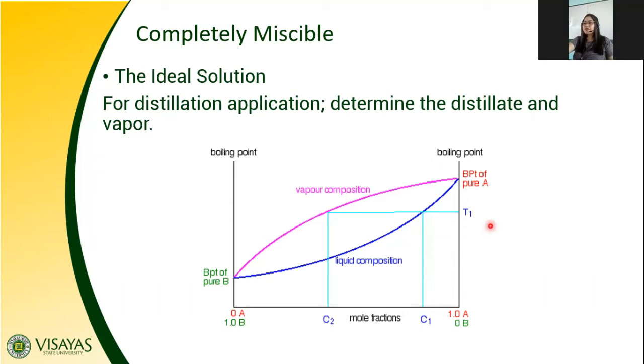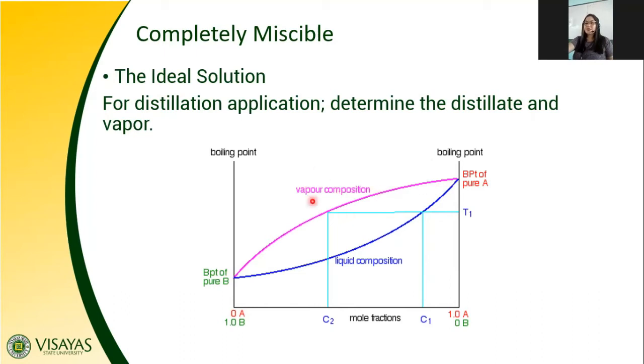So you have this temperature 1, and you can see the straight line. This point here has a name. By the way, this line here is the vapor composition.